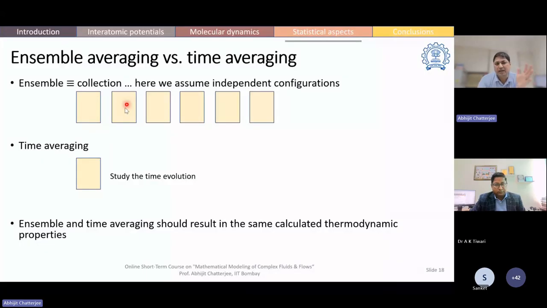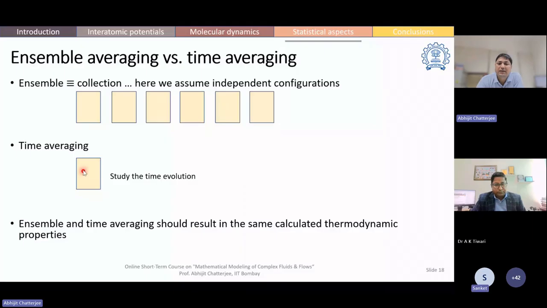Okay, so change the positions, maybe the velocities, so that the resulting dynamics is slightly different from the previous one. And if you have a bunch of independent observations, then we basically have an ensemble, or a collection of independent configurations, and we can report the averaged property of the system. So for example, we can report an average viscosity computed across these systems.